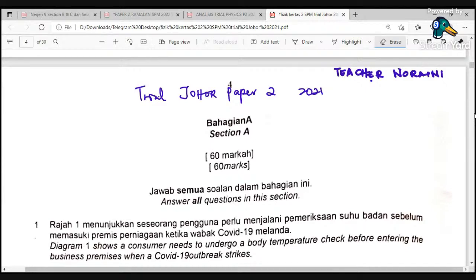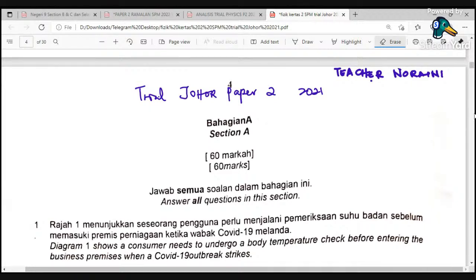Okay, section A. As usual for paper 2, you must go through the whole question first, especially the formula part. You must at least know the formulas that are scattered in the list, so that later when you answer the related question, you will remember there is a formula there.